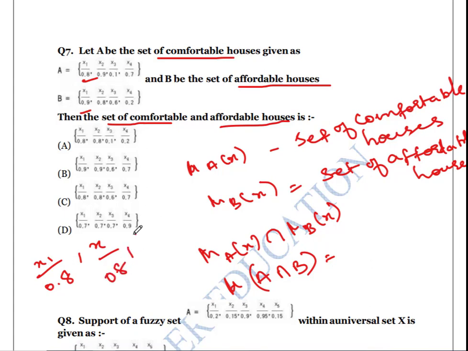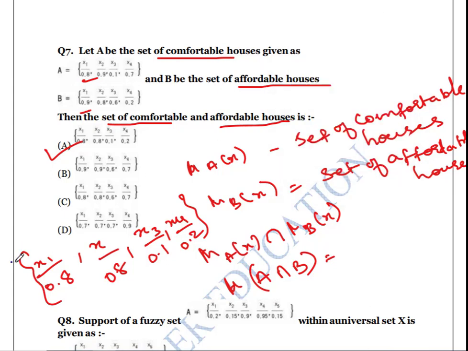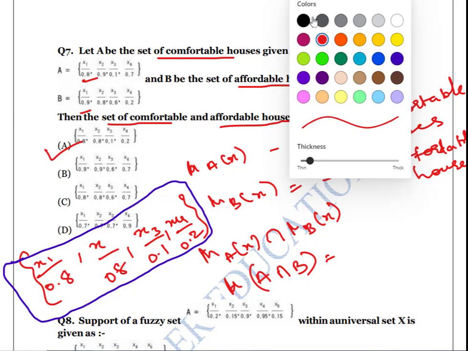Then x3 divided by 0.1 and x4 divided by 0.2. So this is the answer. This value is available in option A, right? So here it is the answer. You just have to see the minimum value in the below. As we worked out in the last sum, in the same manner, now the values are given in the downward direction.